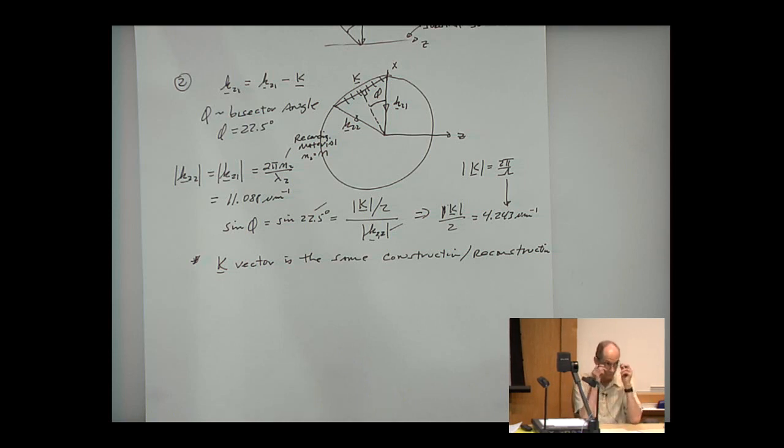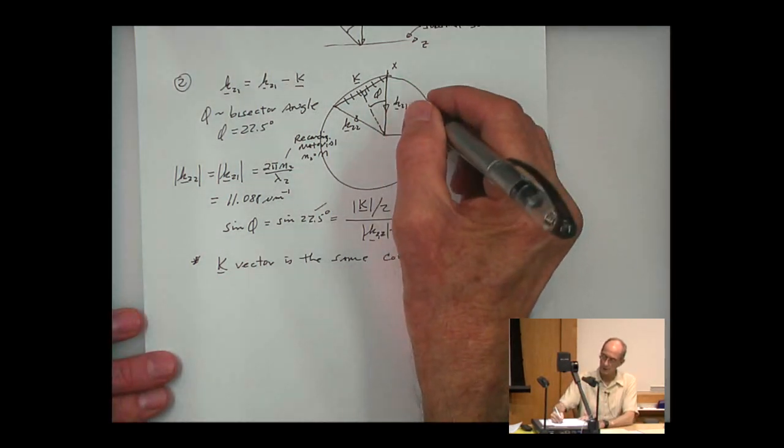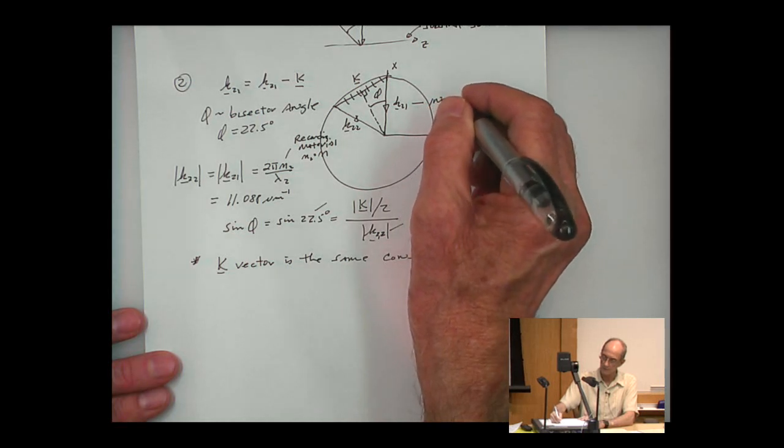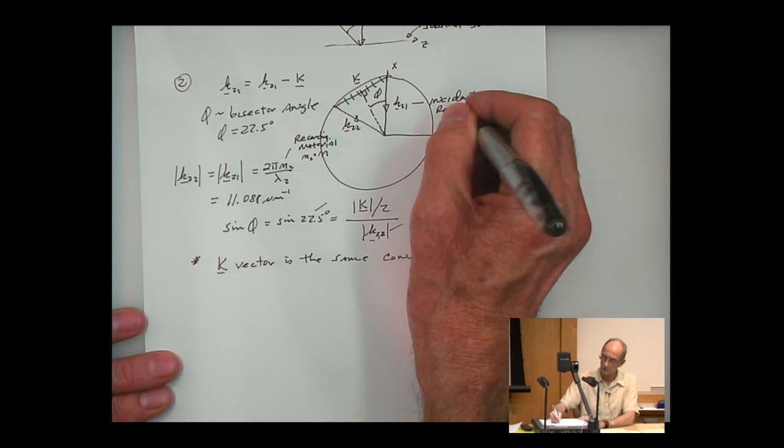Can you clarify the notation with K21 and K22? So K21 is like the incoming light, and K22 is the diffracted light. Is that correct? Yeah. So I'm using K21, this is the incident reconstruction beam.